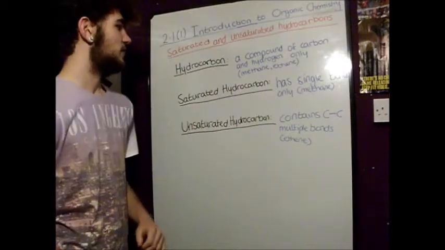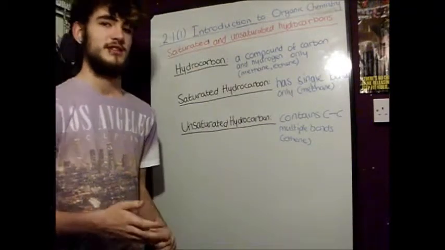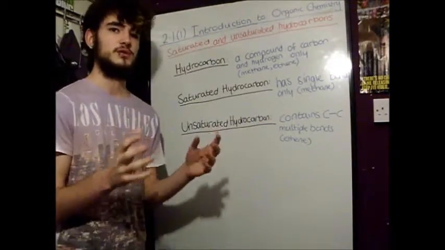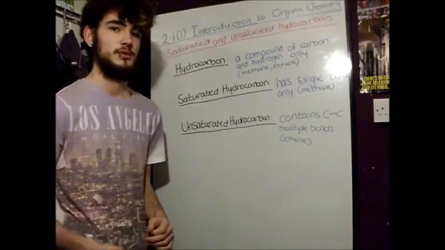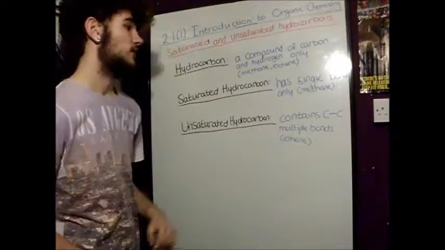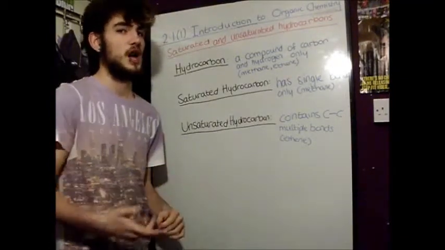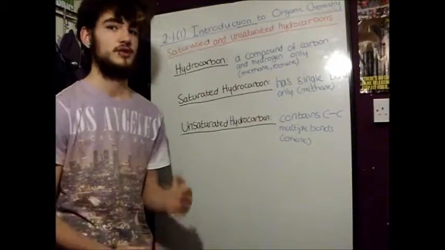A saturated hydrocarbon has single bonds only, like methane, so no double or triple bonds. Unsaturated hydrocarbons are hydrocarbons that contain carbon to carbon multiple bonds, like double bonds and triple bonds.